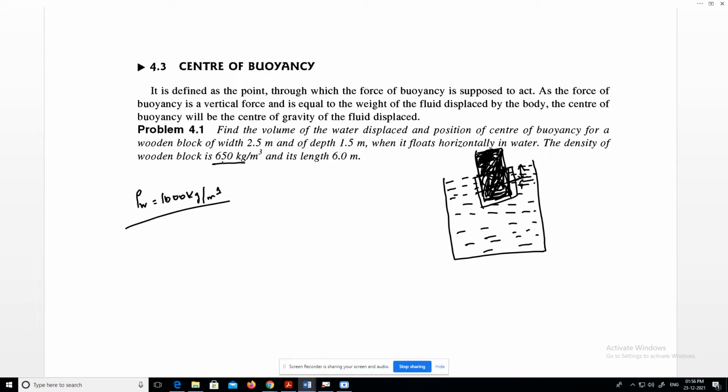What's the density of the wooden block? 650 kg per meter cube. So the density of water is higher than the density of the block. So that's why the body will float instead of being submerged in the water. Okay. Now we are going to solve this problem as per the procedure.